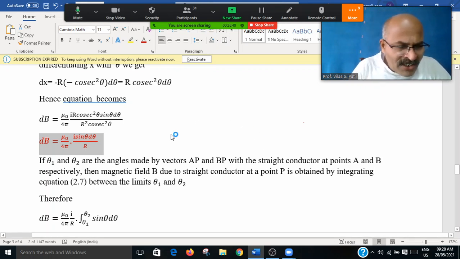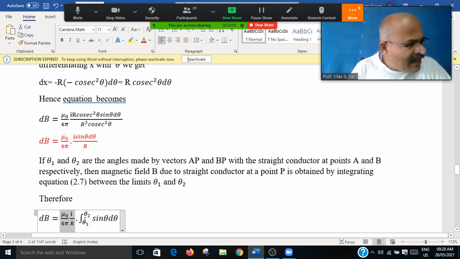आता आपल्याला इंटिग्रेशन घ्यावं लागेल, यातनं कॉन्स्टंट बाहेर घेतला, B is equal to μ0 divided by 4π into I divided by r, कॉन्स्टंट आहे, हे सगळं कॉन्स्टंट बाहेर घेतलं, आणि आतल्याचं इक्वेशन आहे, that is the integration ranges from θ1 to θ2 sin θ dθ.